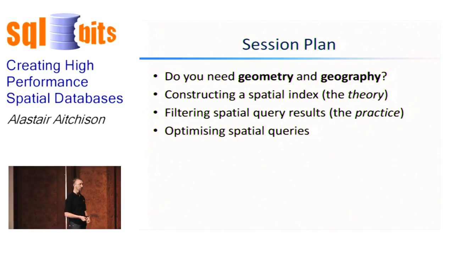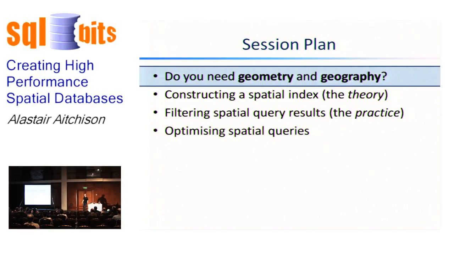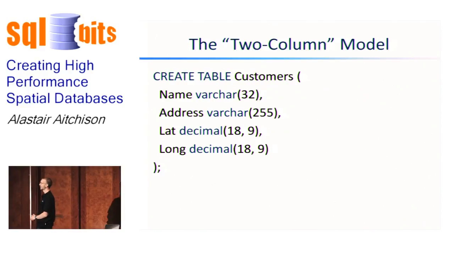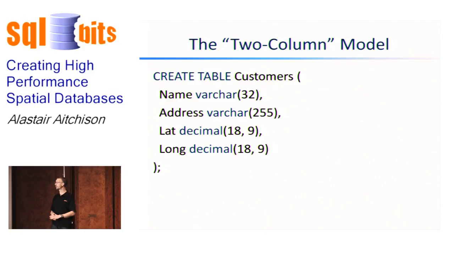Okay, so we'll start at the beginning, and the first question is, do you actually need to use geometry and geography? Now, it's long been possible to store spatial data in SQL Server. If you were to try and store spatial data in 2000 or 2005, for instance, this is one of the basic models you might have used.